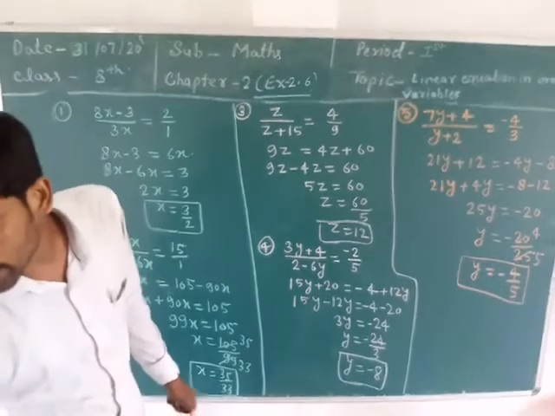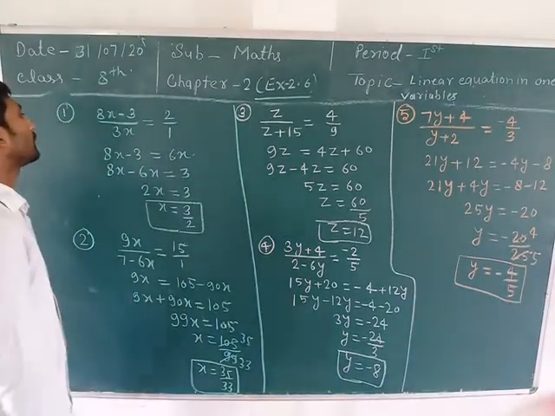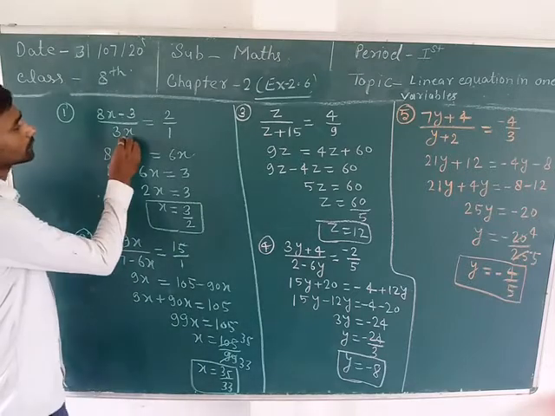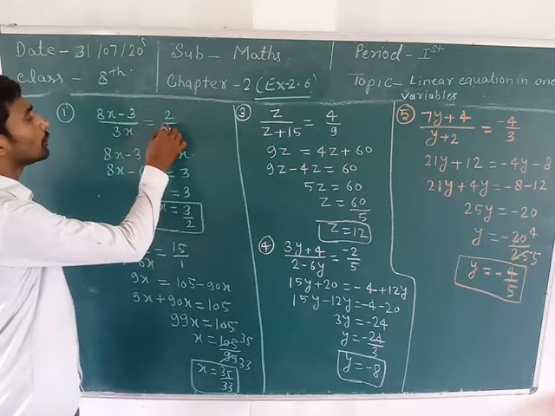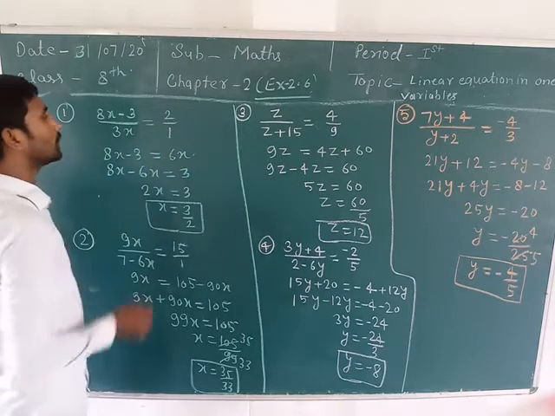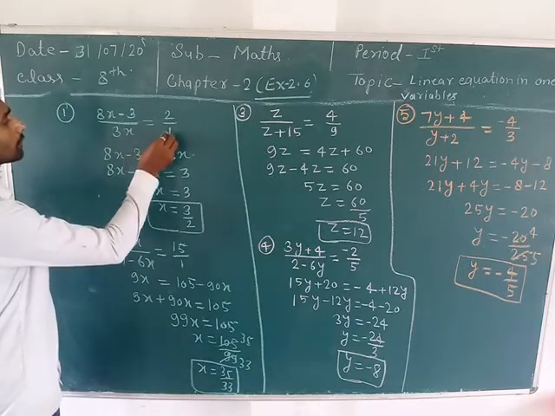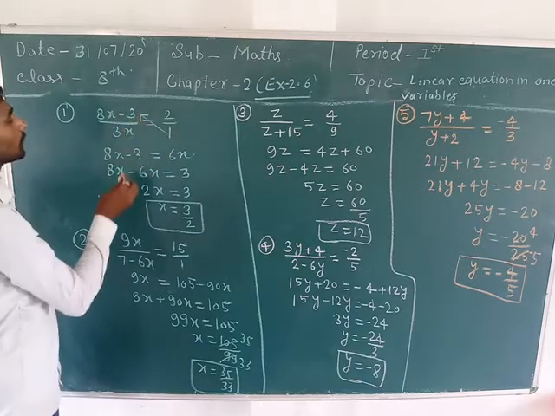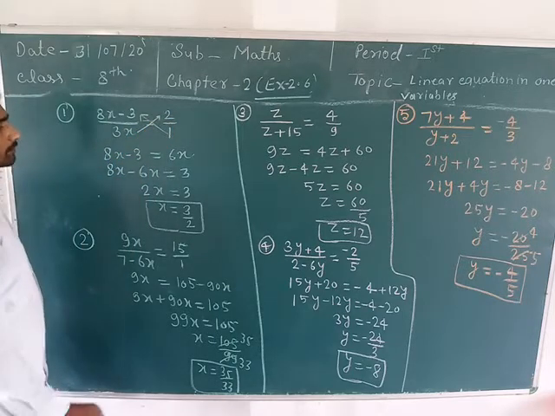In exercise 2.6, question number 1 is given as (8x minus 3) upon 3x equal to 2. We can write 2 as 2 upon 1. Now by cross multiplication, we multiply 1 with 8x minus 3 and 3x with 2.